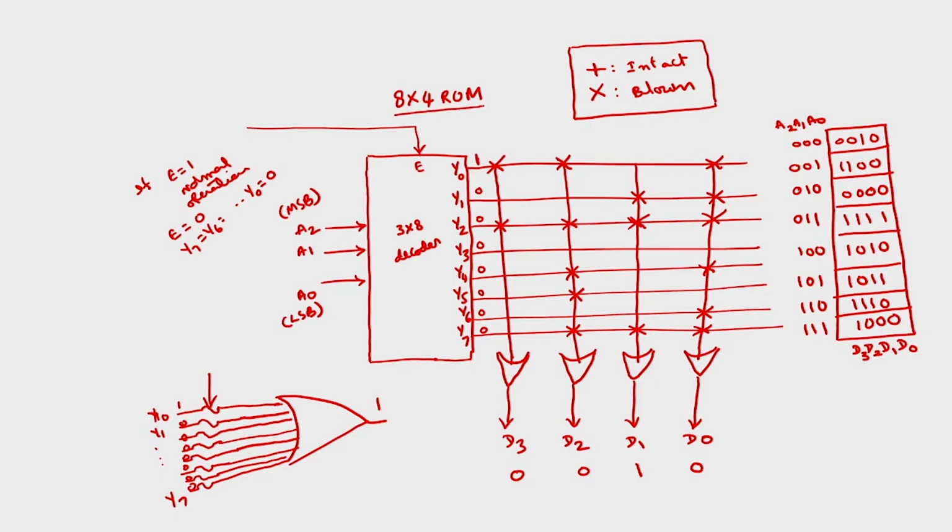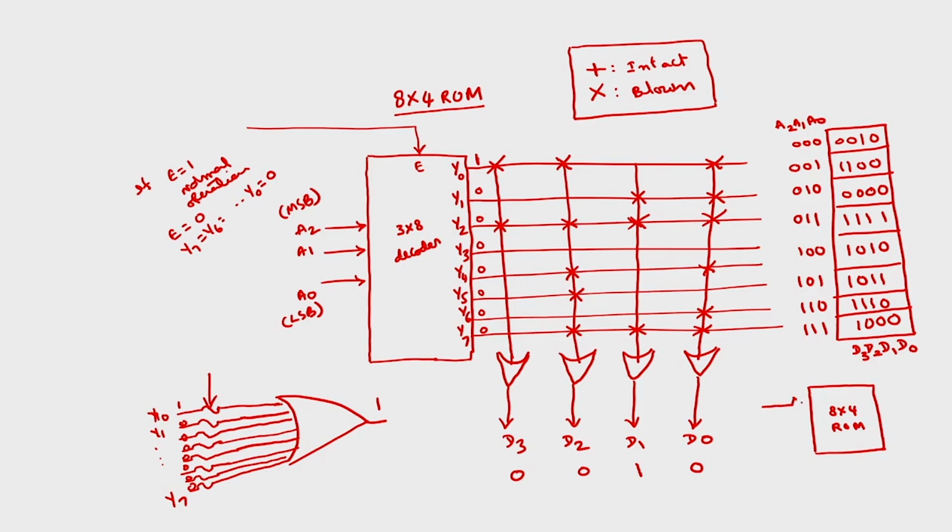Accordingly, you can draw the circuit diagram of any size of the ROM. So, I can represent this with a simple block diagram. 8 by 4 ROM. What are the various signals available for an 8 by 4 ROM? We have 3 address lines.